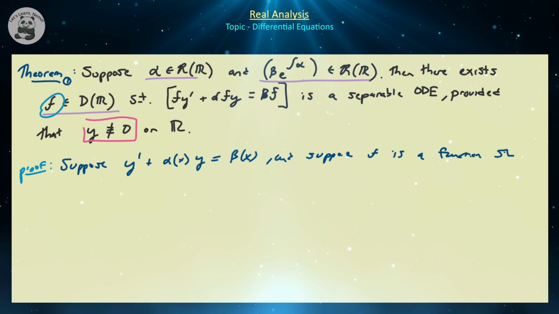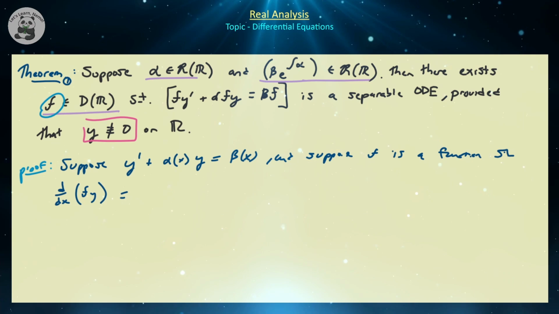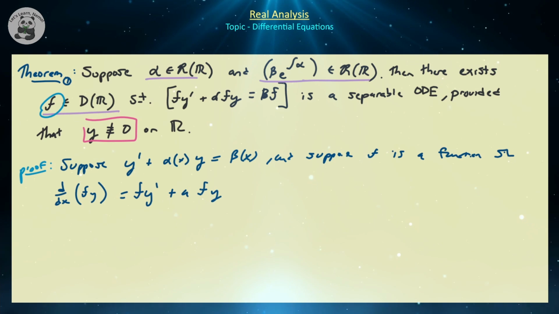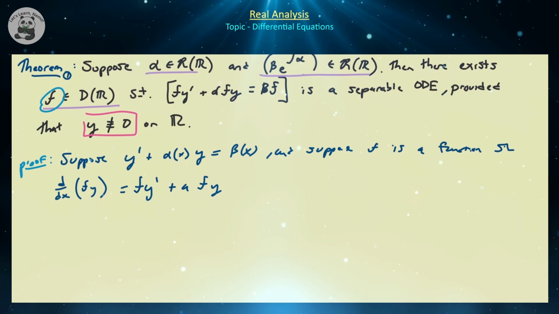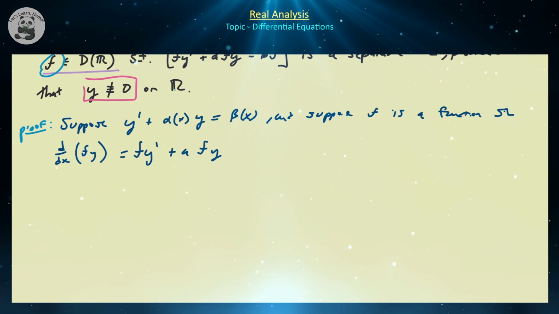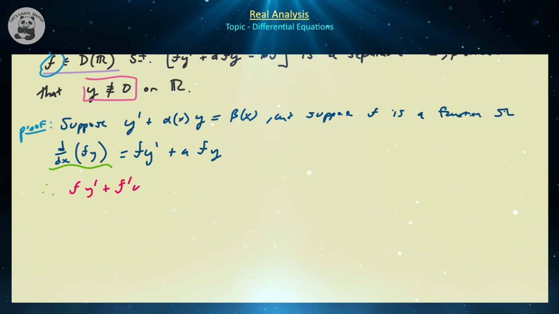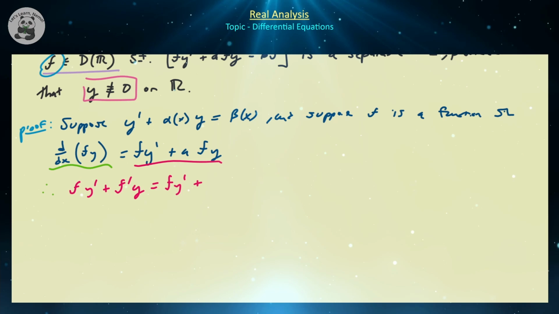such that the derivative of fy is equal to fy' + alpha fy. So if this function is one that satisfies this criteria, then that means if we use the product rule on the left-hand side, we're going to have fy' + f'y will be equal to the right-hand side, so fy' + alpha fy.